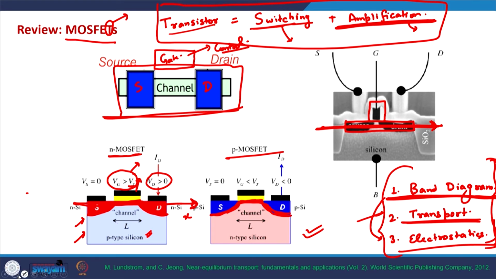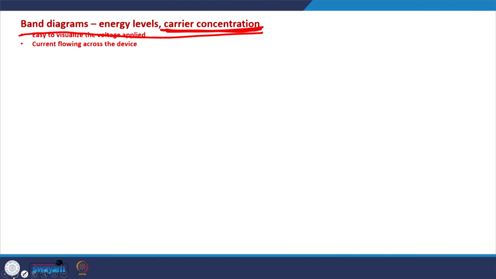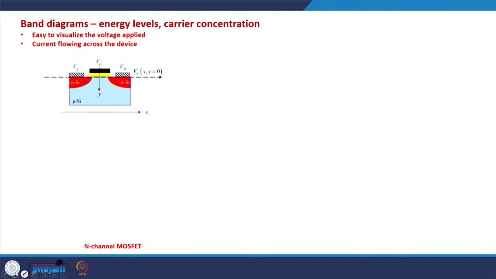Okay, and in the x direction, let's say, taking the case of NMOS in which the channel is n-type, the body is p-type, we have n-type source contact, we have n-type drain contact, and the direction of the current is taken to be the x direction.